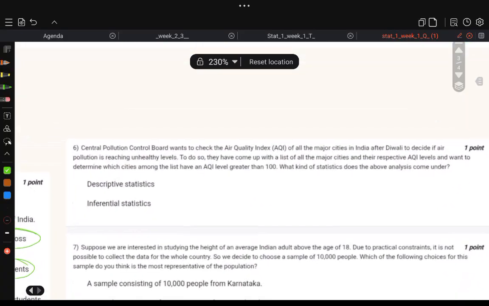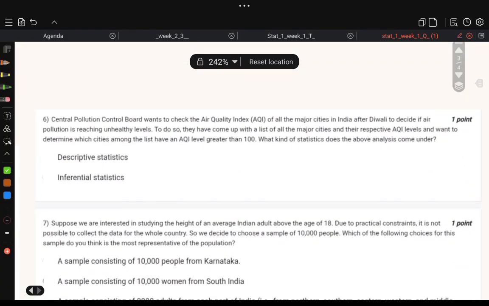Delhi Pollution Control Board wants to check the AQI for major cities after Diwali to decide if the air pollution is reaching unhealthy levels. To do so, they have come upon a list of major cities and respective AQI levels, and want to determine which cities among the list have an AQI greater than 100. Okay, what kind of statistical analysis? It will be descriptive, right? We are not drawing any inference.